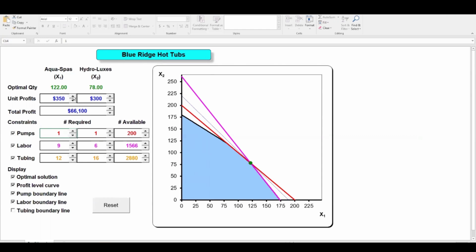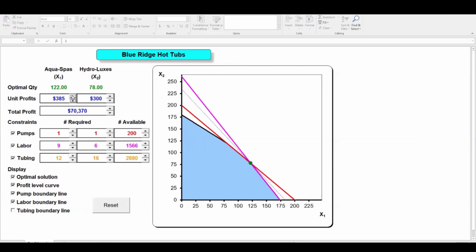For example, we can increase 350 by 5 every time, and you can notice the level line of the objective function over here will change right after we change the coefficient. So if I keep changing, you can see that the level line of the objective function is changing as well.